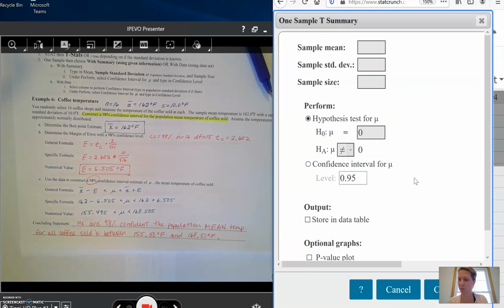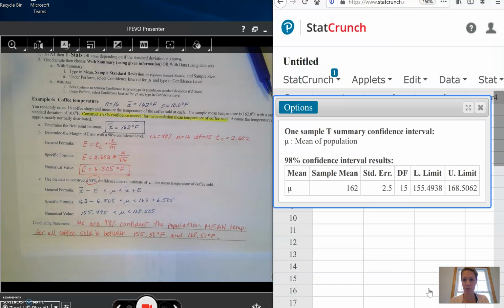Our sample mean for this problem was 162. Our sample standard deviation was 10. Our sample size is 16. We're doing a confidence level, and we're going to change the 95 to 98% level. We're going to go ahead and hit compute.